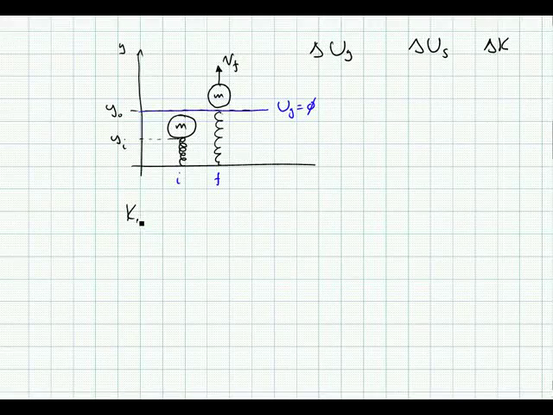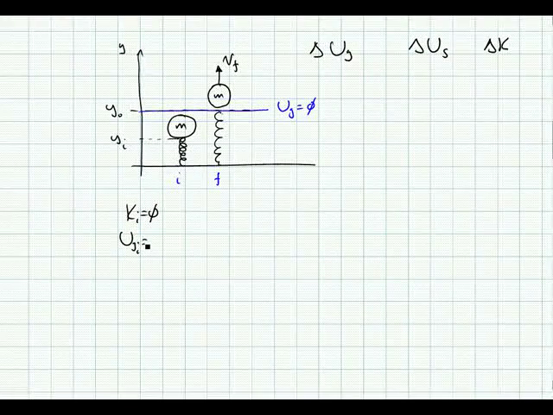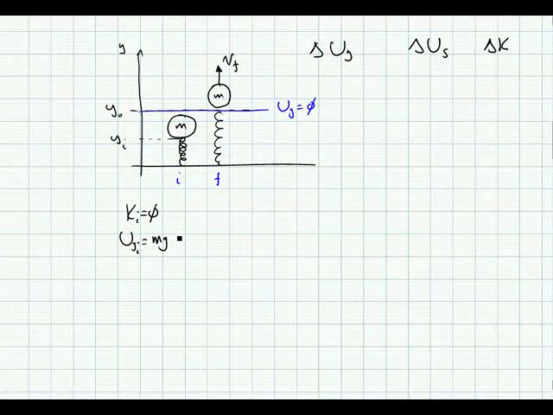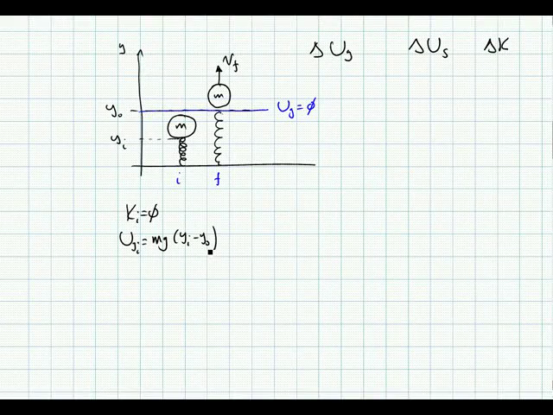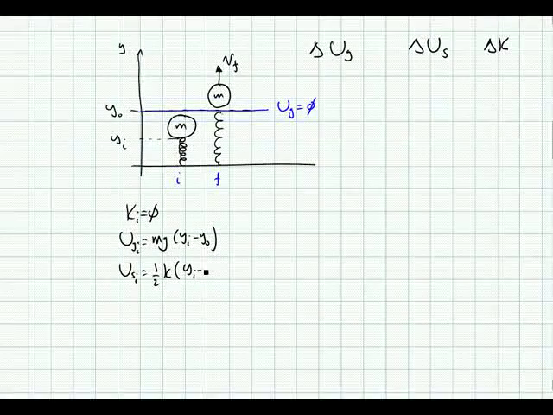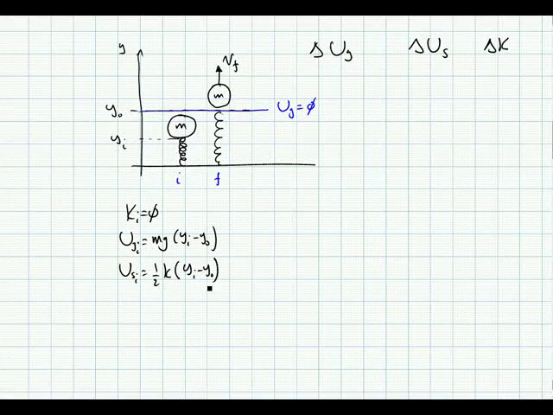Kinetic energy initial is 0. ug initial is mg times y initial minus y naught, and us initial is 1/2 of k times y initial minus y naught squared.